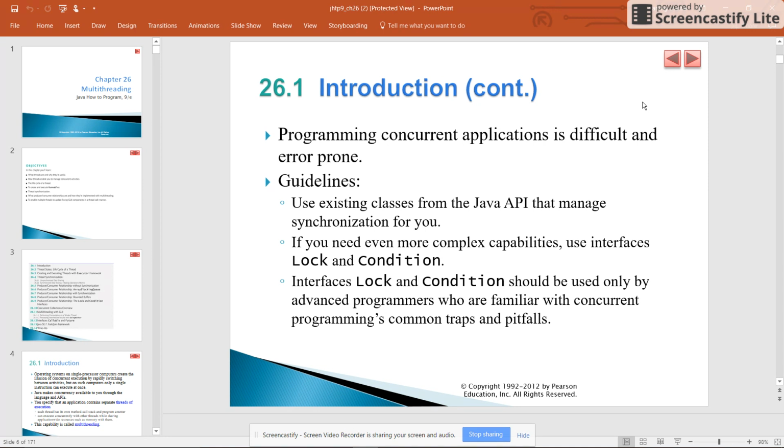For example, in process-based multitasking, if I'm transferring files from Facebook to the music or from Facebook to Twitter, Facebook doesn't know where the memory of Twitter is stored.